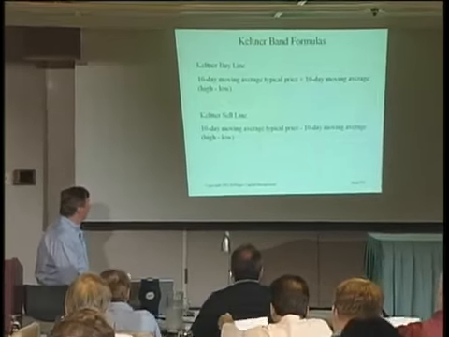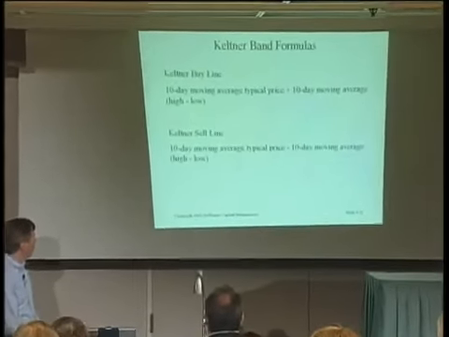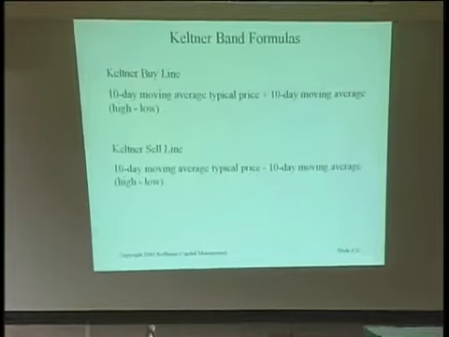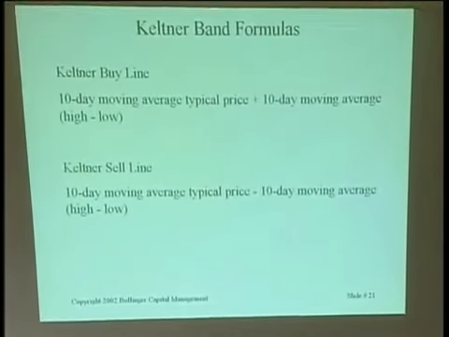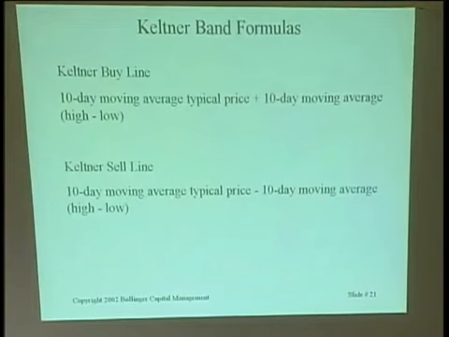The Keltner buy line is the 10-day moving average of the typical price, I'll get there in a minute, plus the 10-day moving average of the high minus the low. So the height of the bars, each day's daily range. And the Keltner sell line is the 10-day moving average of the typical price minus the 10-day moving average of the range.